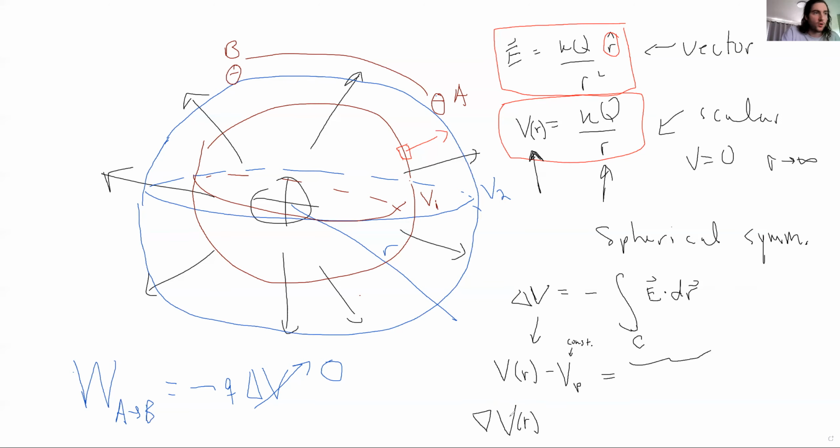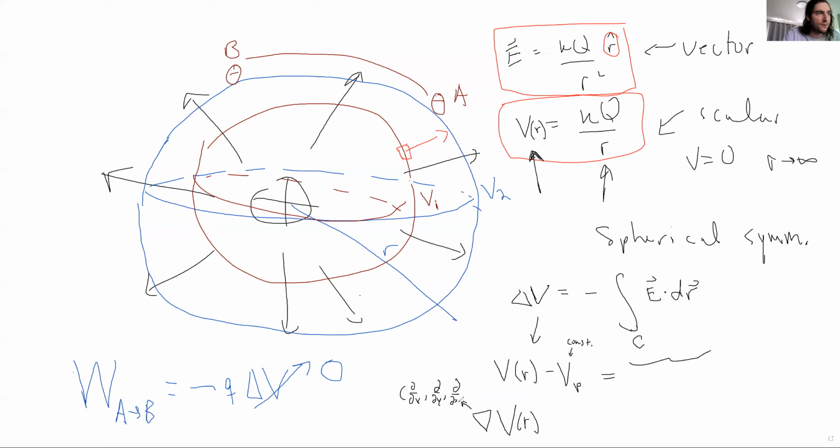Okay, so the gradient here is, again, this vector operator of derivatives, this del operator, or nabla as it's sometimes called. It's the vector of partial derivatives. To remind you, it has components d by dx, d by dy, and d by dz.